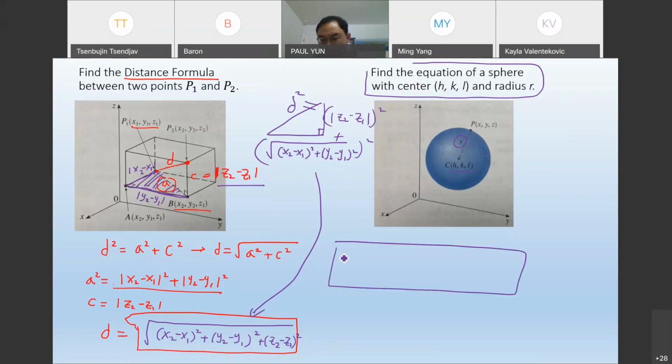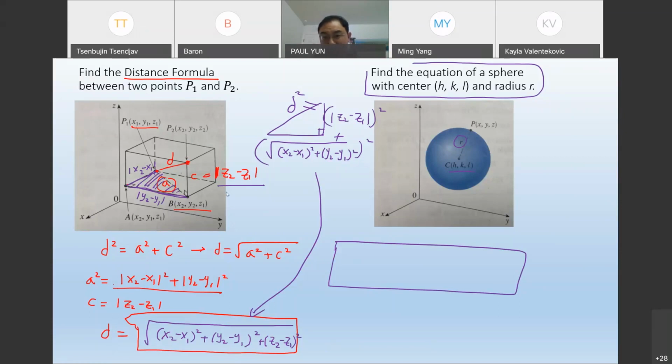You had an equation for the circle, not the sphere. Write down the equation, please.